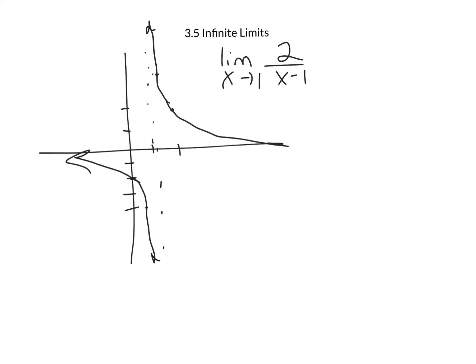So how can we determine it's an infinite limit from the graph? Well, as we get closer and closer to 1, it's going to positive infinity. As we get closer and closer to 1 from the left, it's getting negative infinity. So therefore, we can conclude that the limit is equal to infinity. Now, in the past sections, we've said it doesn't exist. Either answer works. In this section, we're going to just keep calling these infinite.